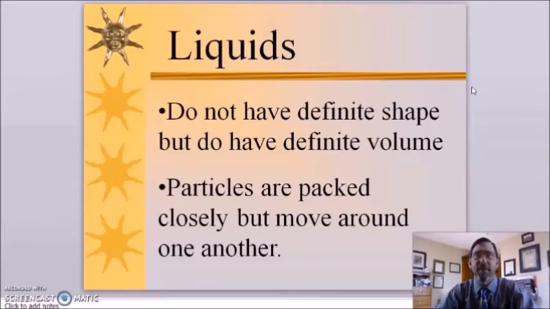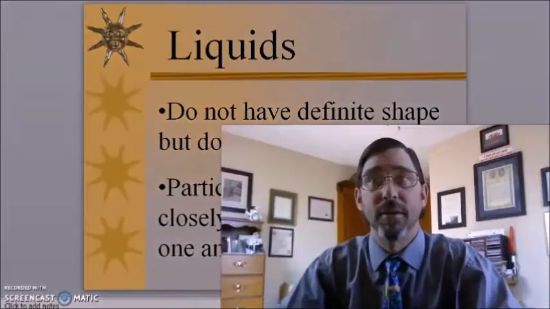When we think about the shape of a liquid, many times we say that the shape of the liquid takes on the shape of its container. So if we're talking about the coffee in this cup, that's a liquid, but the shape of the coffee is the shape of the cup because that's the container that it's in.